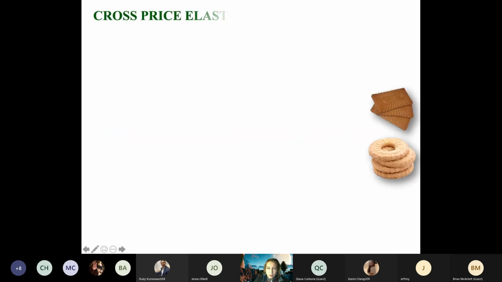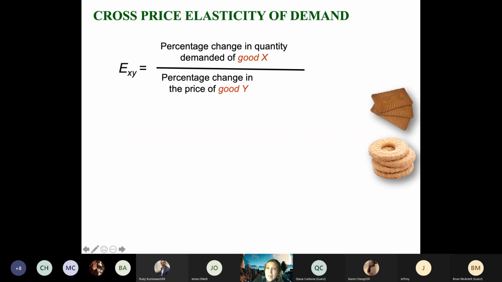So moving on, next, cross price elasticity of demand is when the percent change in quantity demanded of something, of crackers, is divided by the percent change in the price of cookies.